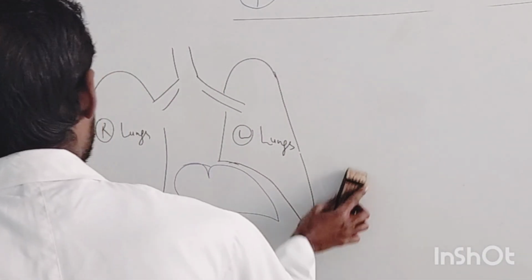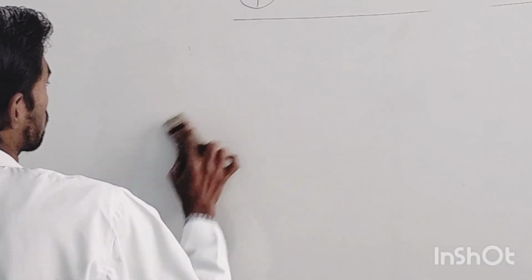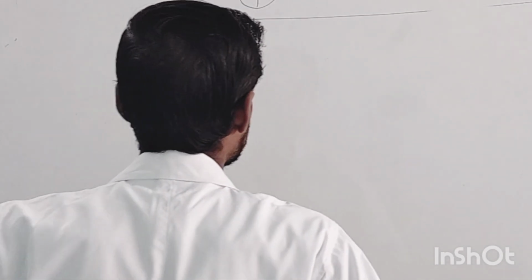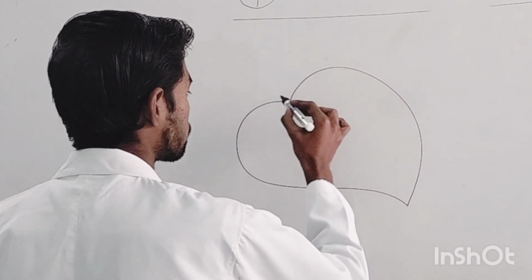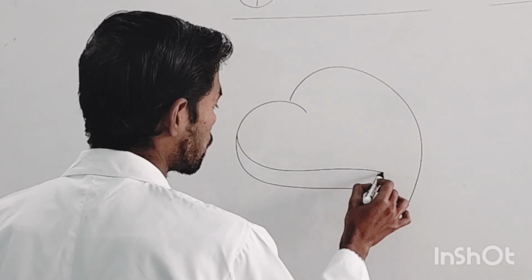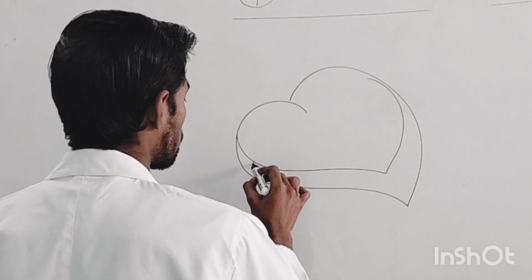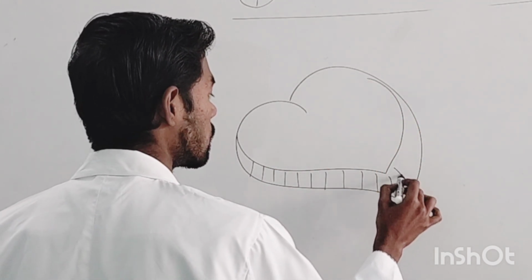Now let's see the diagram of the heart. After knowing the basics of the heart, you know the heart is tilted a little toward the left side like this. And you also know from your basics that the base of the heart is much thicker. Why it is thicker, I will explain in the next video.